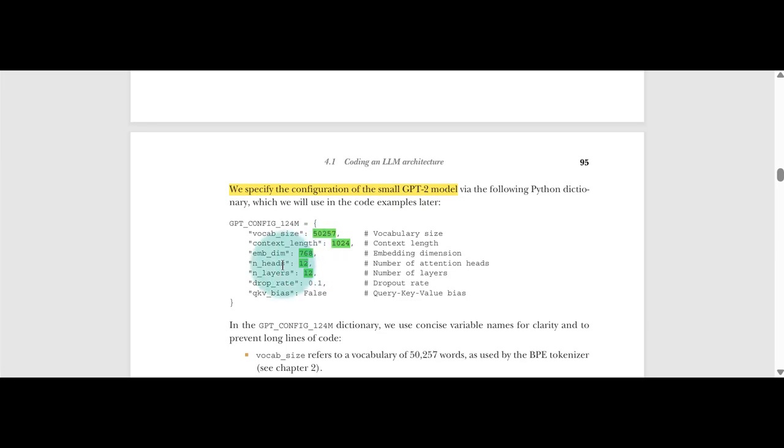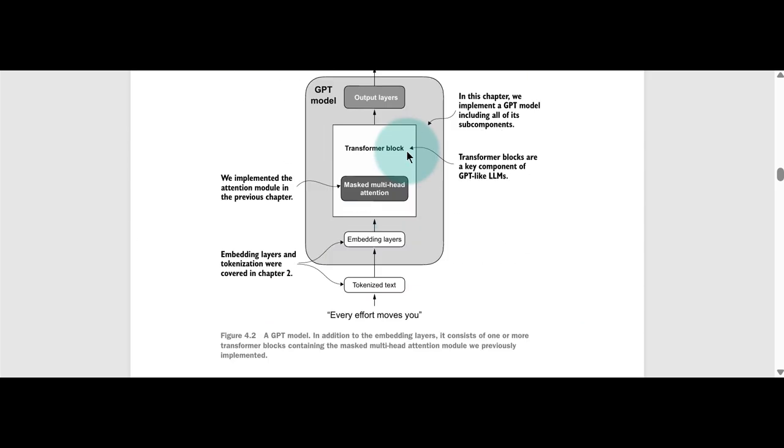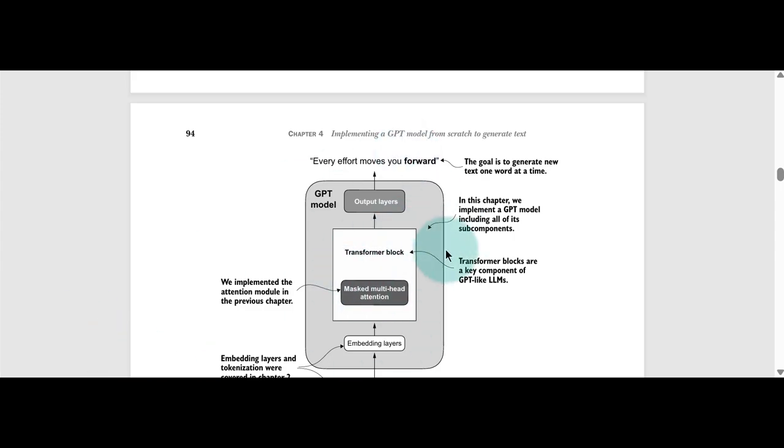And then we're also going to have the number of heads, which we were just talking about, multi-head attention. So we might just have 2 heads, like I was giving as an example before, but typically we're going to have 12 heads. And then the number of layers, we said that we have a transformer here, but actually we're going to have many transformers. In this case, we're going to stack them sequentially.